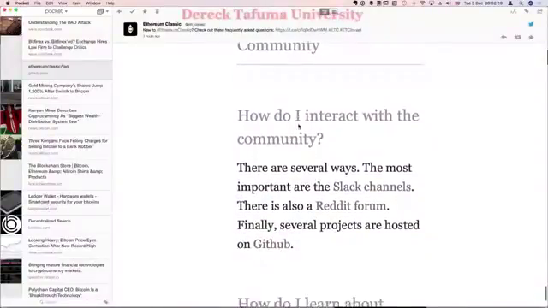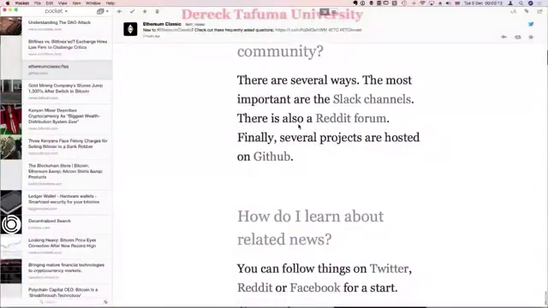How do I interact with the community? There are several ways. The most important are the Slack channels. There is also a Reddit forum. Finally, several projects are hosted on GitHub. So that's where you can find the community. And you can also find them, I've discovered, on Telegram.